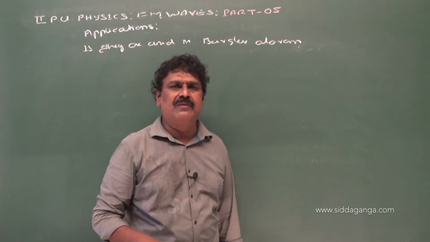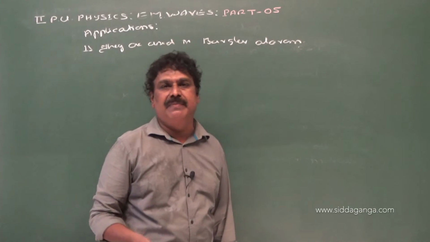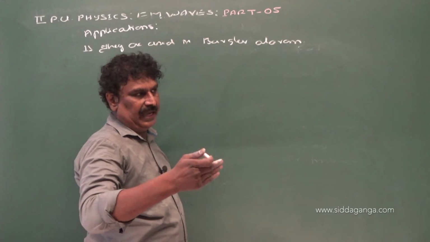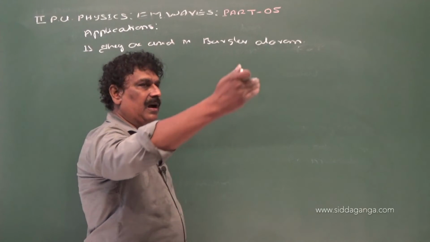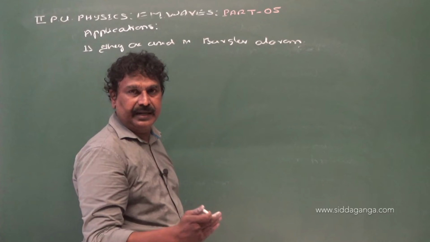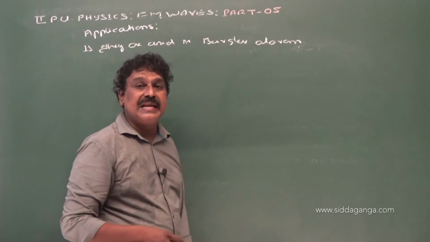This is based on photoelectric effect, right? Ultraviolet radiations are invisible, at the same time they produce photoelectric effect. When a person comes between ultraviolet source and the photoelectric cell, the circuit gets broken, and that causes the ringing of the bell.